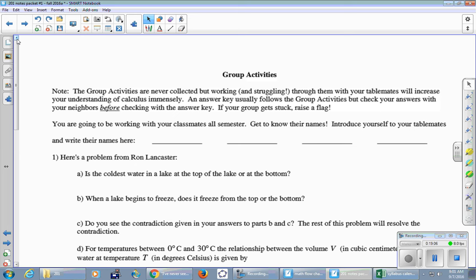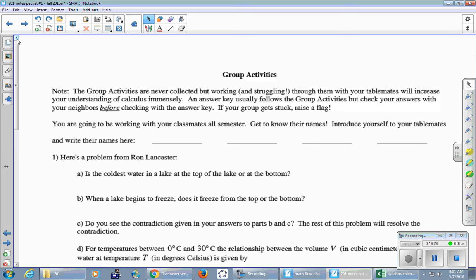An answer key usually follows the group activities. I think it actually always follows them. But I much prefer that you check your answers with your neighbors before you check the answer key. I think there's a lot of good that comes from discussing calculus with people that don't quite know what they're talking about. And that's going to be a bunch of us for a bunch of this semester, okay?